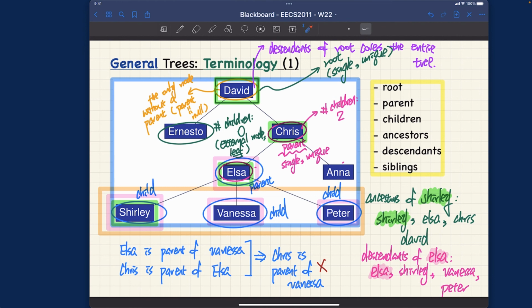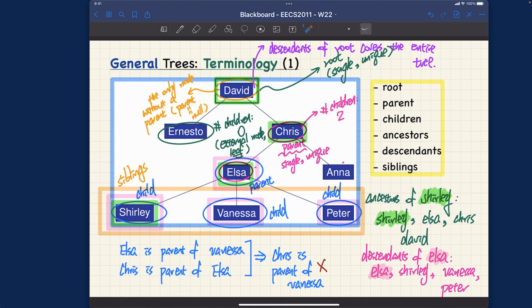We're going to talk about that particular terminology a little bit later. But there's certainly no notion about younger versus older, unless you want to define that for your own tree. Okay, so these nodes are called siblings because all these nodes have the same parent.